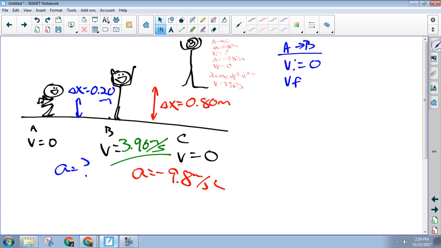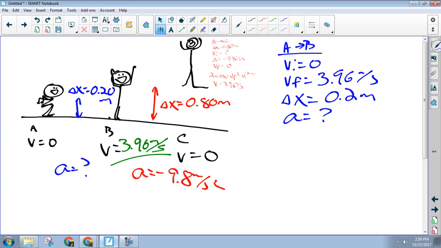We know our final velocity's got to be 3.96 because that's the number we just found. We know our displacement is 0.2 meters, and we have to find the acceleration. The goal is between here and here, he needs his velocity to get up to 3.96, and he's got 0.2 meters to work with.